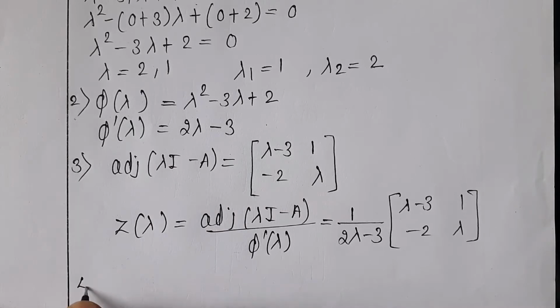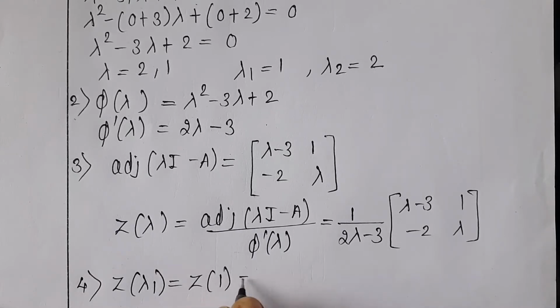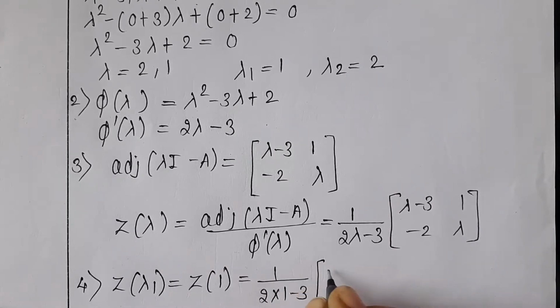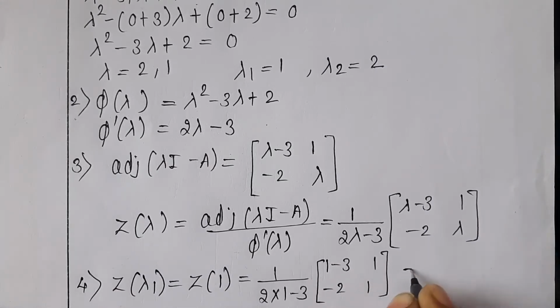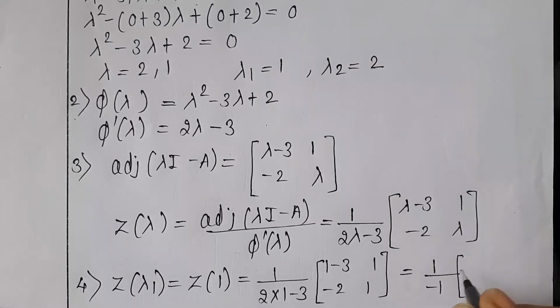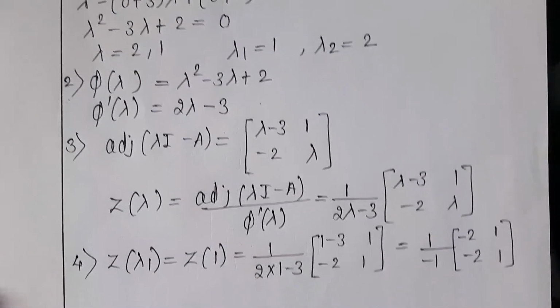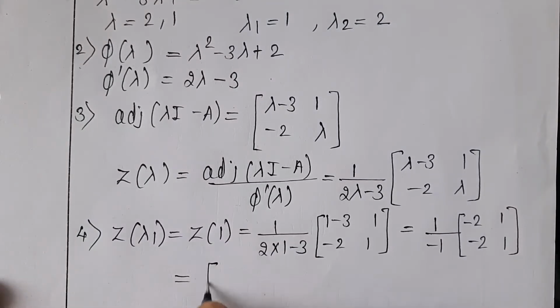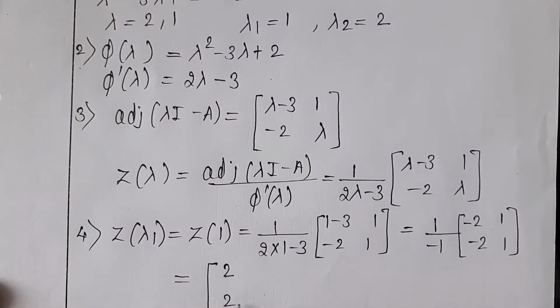So z of lambda 1 is equal to z of 1, which is equal to 1 upon 2 multiplied by 1 minus 3 multiplied by [1 minus 3, 1; minus 2, 1]. It is equal to 1 upon 2 minus 3 is minus 1 multiplied by [minus 2, 1; minus 2, 1]. So you can multiply it by minus sign also, it will be better. So this is [plus 2, minus 1; 2, minus 1]. This is z of lambda 1.